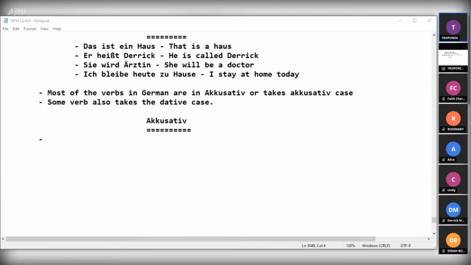So here, let's see. Accusative is used after specific verbs and prepositions.